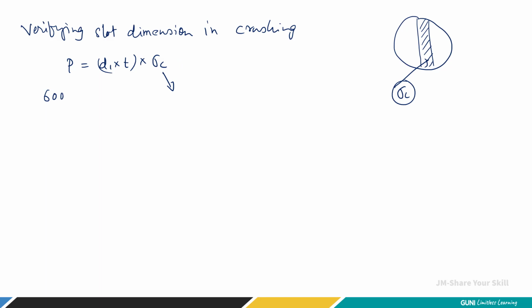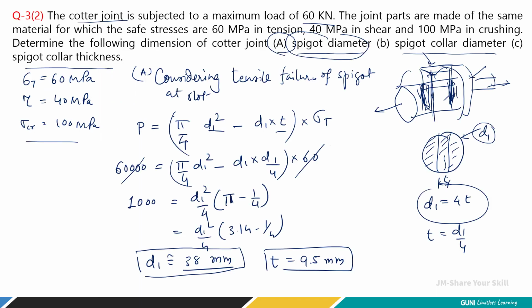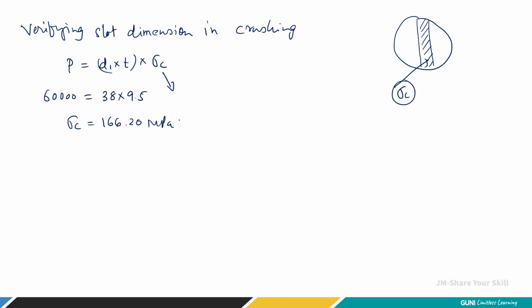Now the load is given as 60,000. The diameter is 38 and the thickness comes out to be 9.5. So the induced compressive stress comes out to be 166.20 megapascal. This value is more than the given value of 100 megapascal, so it is more than the permissible value.